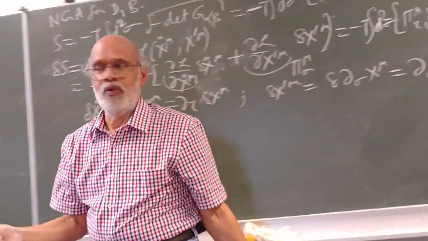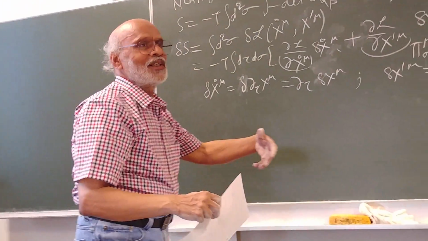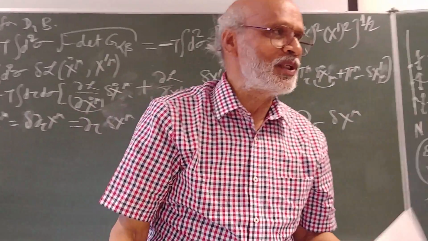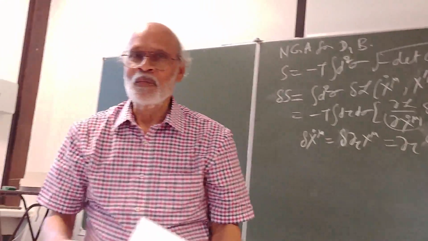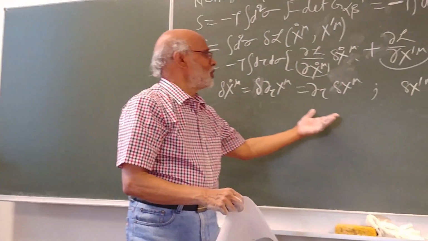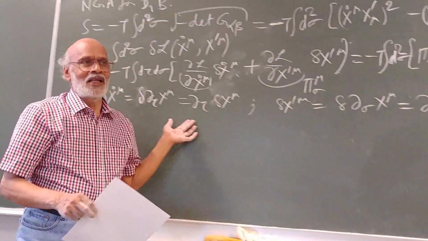So we use our standard trick, a conventional trick used in field theories all over, and in string theory, which is also a string field theory. You take one partial integration and you throw away the total time derivative term.